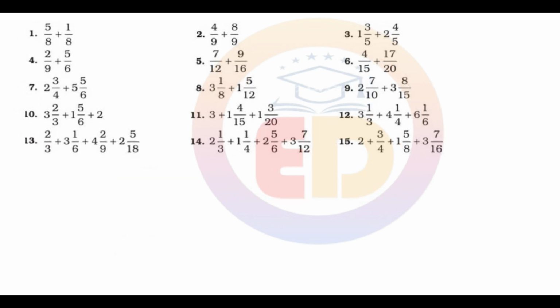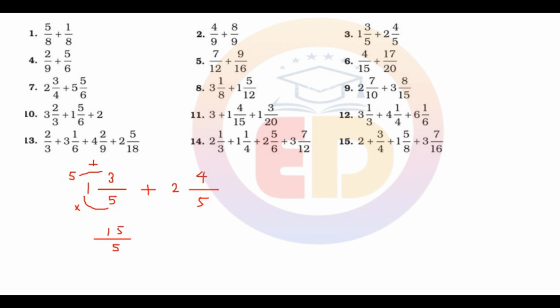Question number 3. 1 whole 3 upon 5 plus 2 whole 4 upon 5. Now here these are two mixed fractions. So first we have to convert the mixed fractions to fractions, and for that I have to multiply the denominator 5 with the whole number 1. 5 into 1 is 5 plus 3 is 8 upon 5.